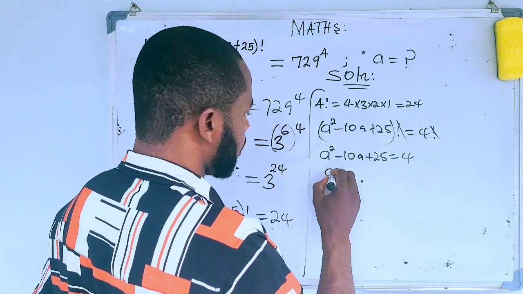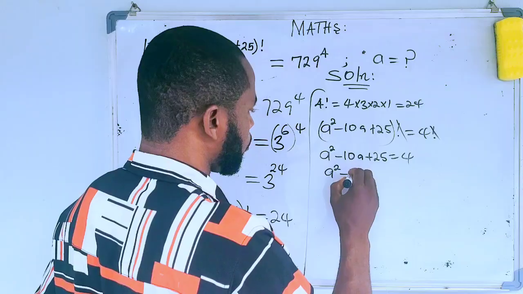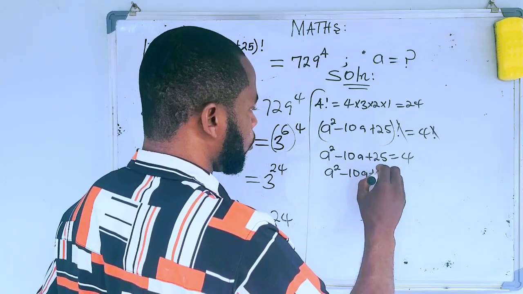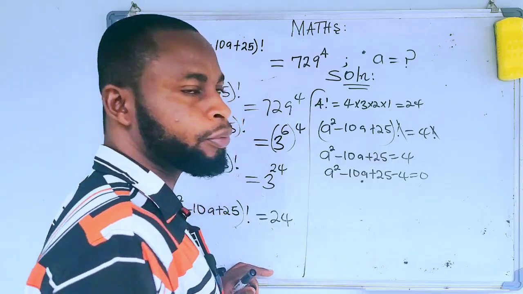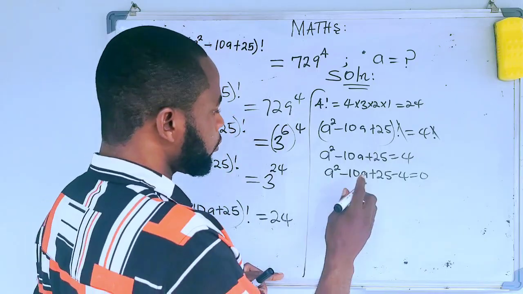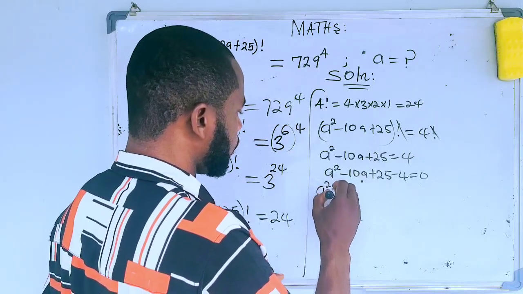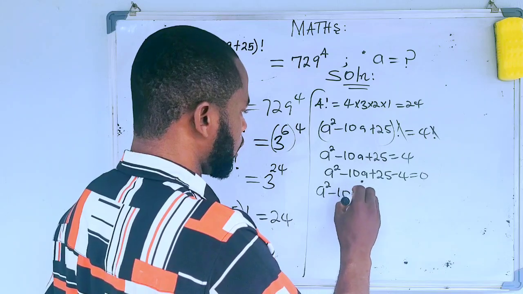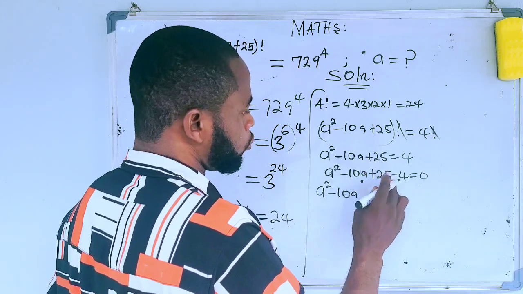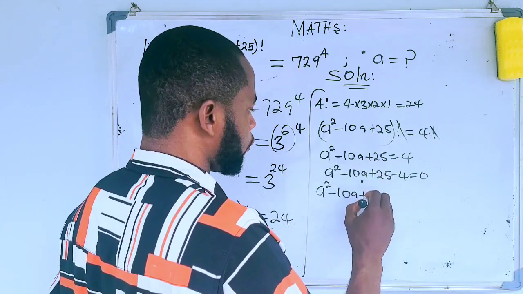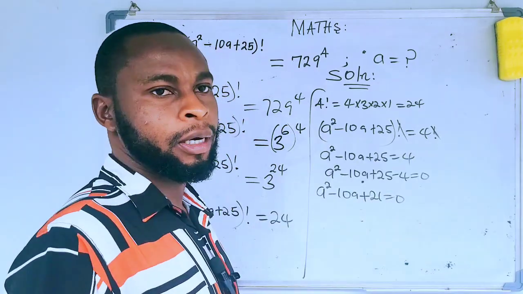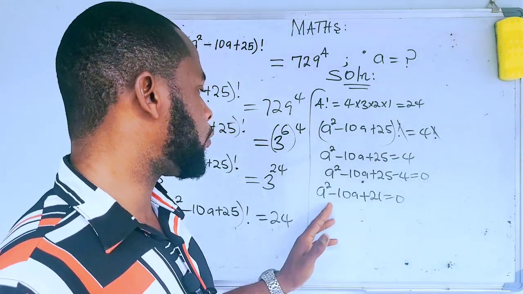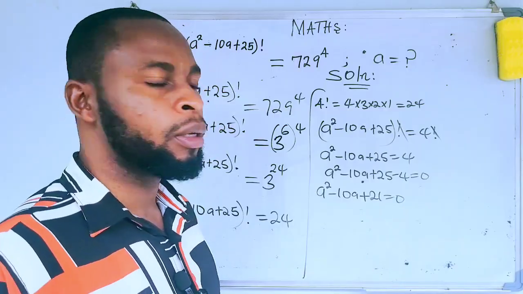This will be a to the power of 2 minus 10a plus 25 minus 4 equals 0. Then here we have a to the power of 2 minus 10a plus 25 minus 4, that will give us plus 21 equals 0. Now we are going to apply factorization here.